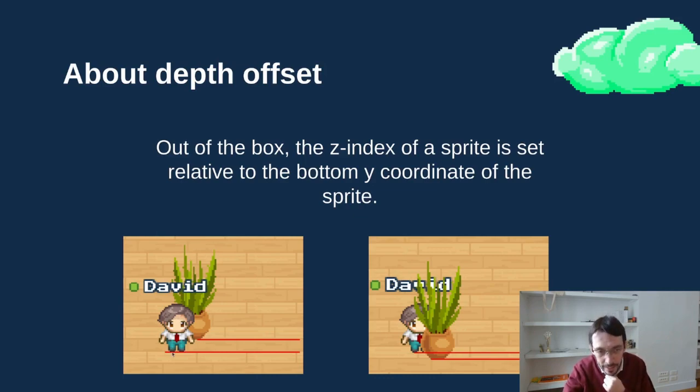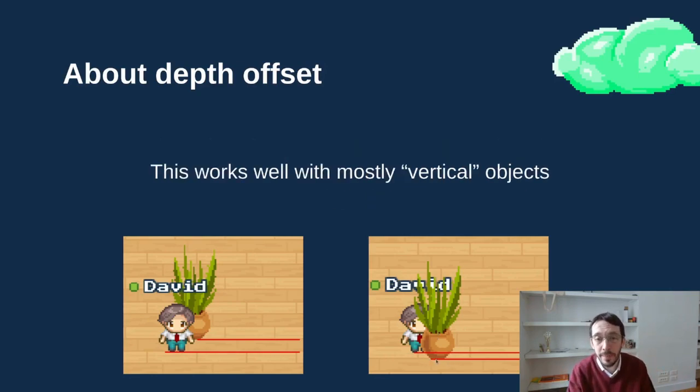My Woka, his feet here are below the flowers, the plants. Because they are below, I'm displaying the Woka in front of the plant. But if the feet are above the bottom of the plant, then I'm hiding the Woka behind. And this works really pretty well by default. It's really okay for all objects that are kind of vertical, you know.